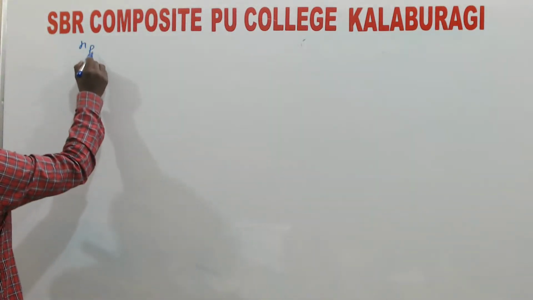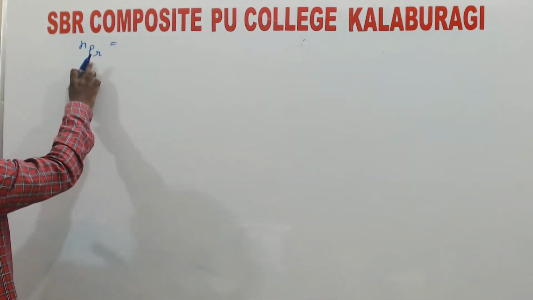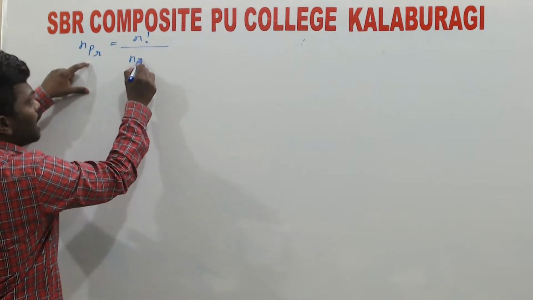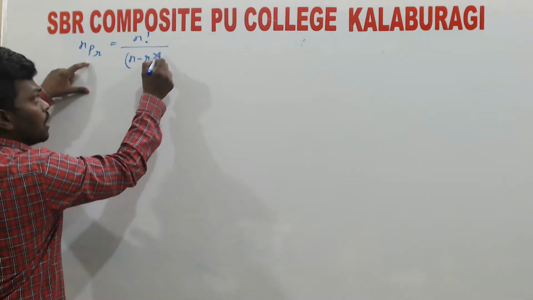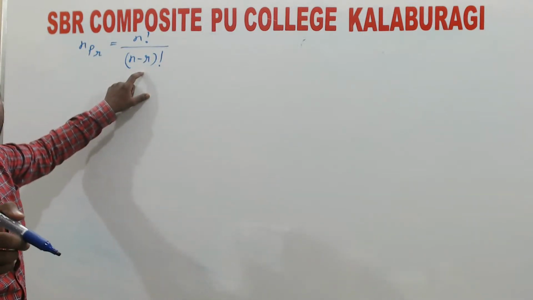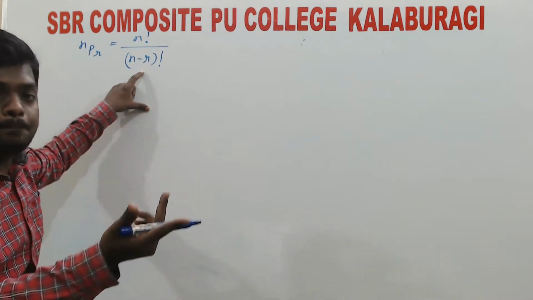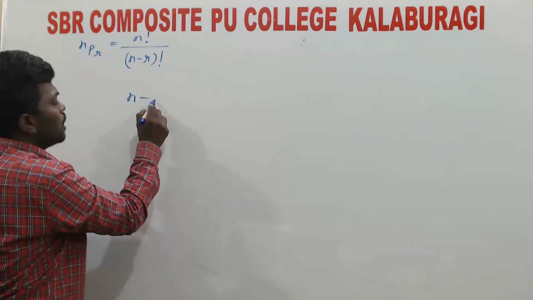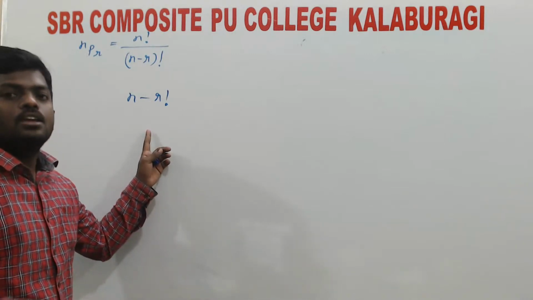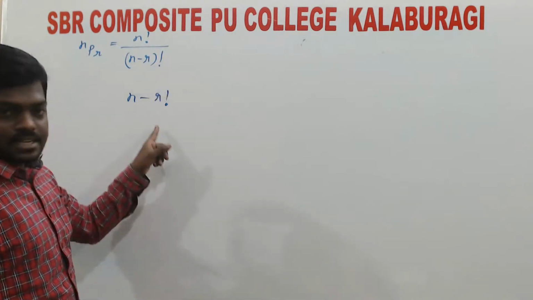So what is the formula we found for permutation? nPr is equal to n factorial by n minus r factorial. You should keep n minus r in brackets, because the factorial is for n minus r complete. Some students write n minus r factorial without brackets. Decide yourself, is it correct?